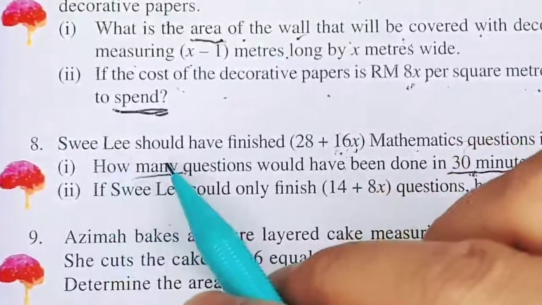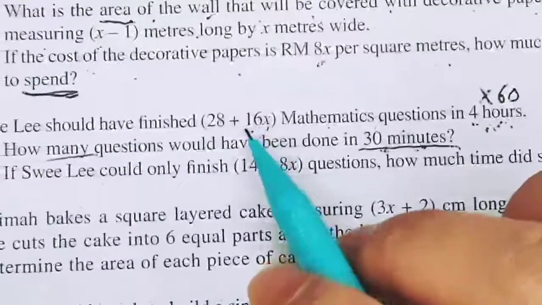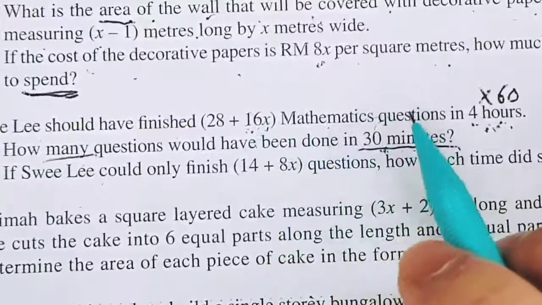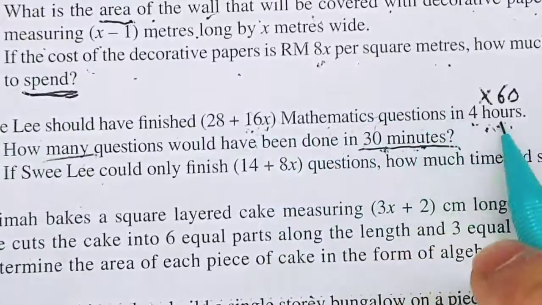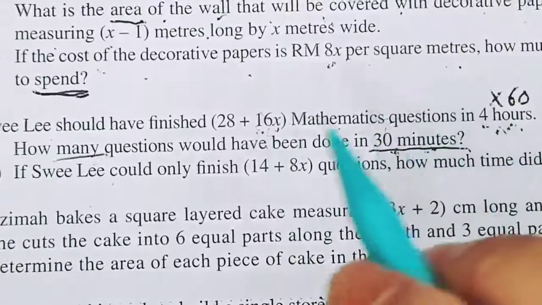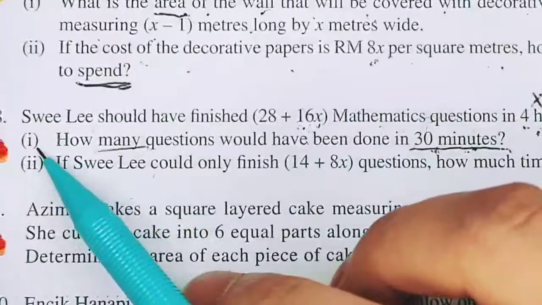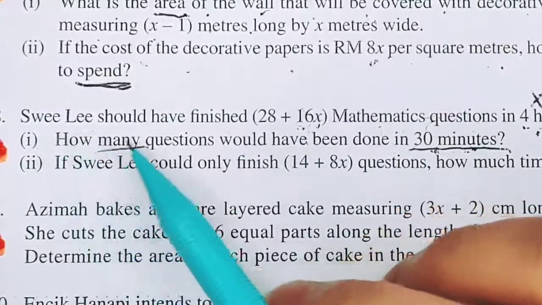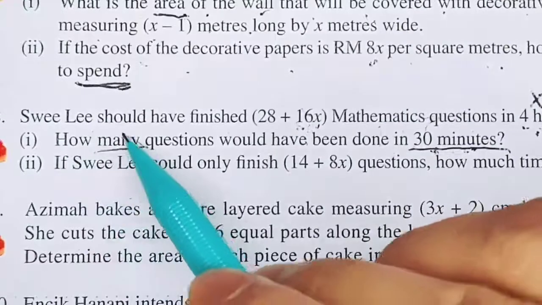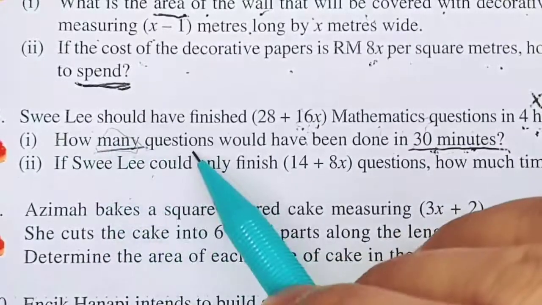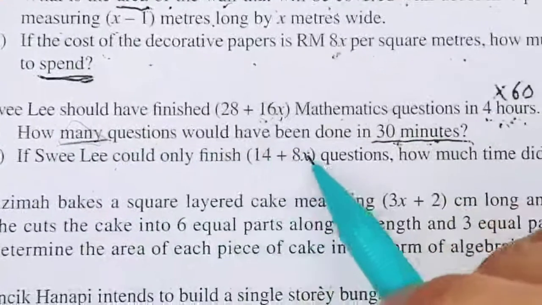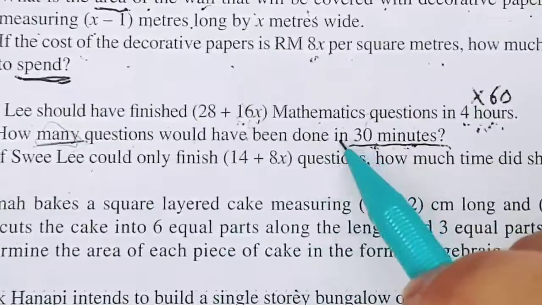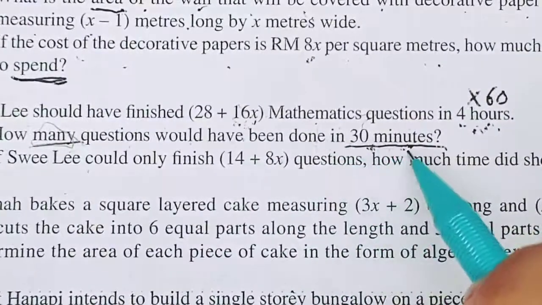Swilly should have finished algebra mathematics questions in 4 hours. Question number 1. How many questions would have been done in 30 minutes?